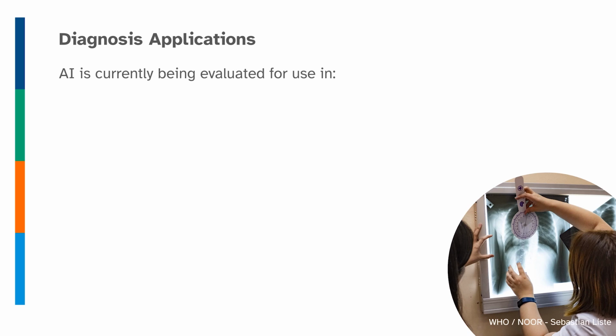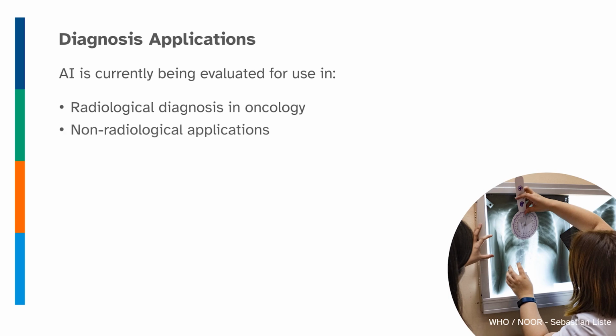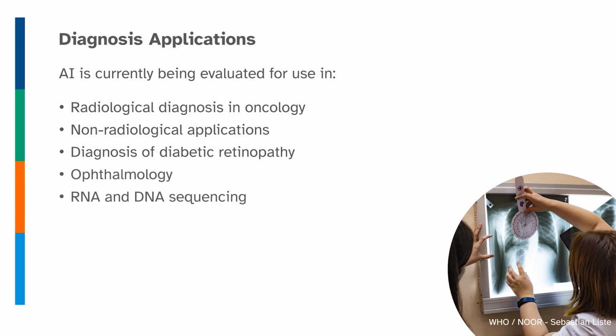AI is currently being evaluated for use in radiological diagnosis in oncology, such as abdominal and pelvic imaging, colonoscopy, and mammography. Non-radiological applications include dermatology and pathology, diagnosis of diabetic retinopathy in ophthalmology, and RNA and DNA sequencing to guide immunotherapy.